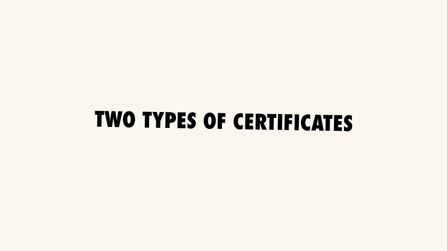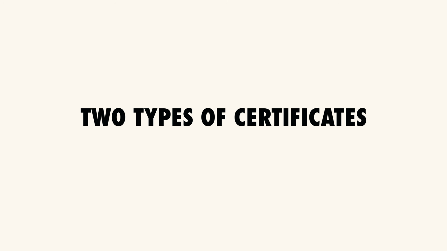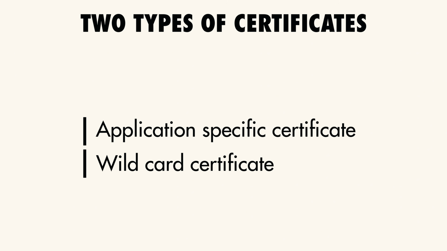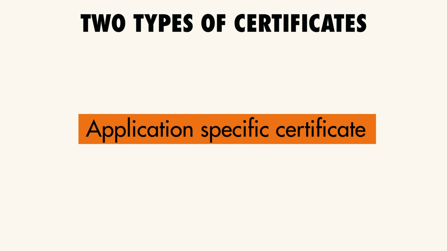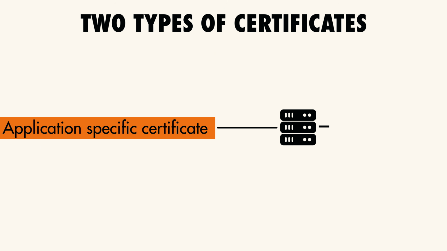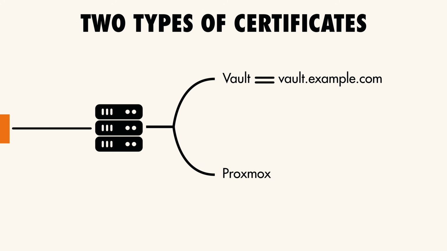Let's quickly talk about two types of certificates that you might request when generating a CSR. You have the application-specific certificate, and then you have something like a wildcard certificate. An application-specific certificate is for one exact server or service. So let's assume that you're setting up something like Vault or Proxmox. The FQDN, or fully qualified domain name, would be something like vault.example.com or proxmox.example.com. The certificate that you generate will only work for that specific hostname or that specific service.